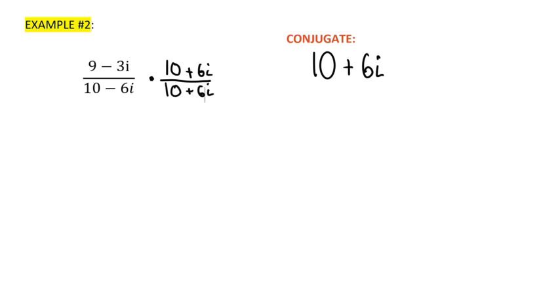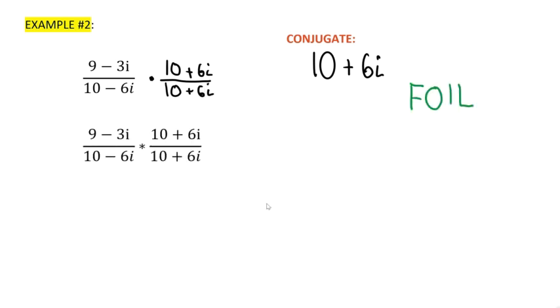So let's take a look at what we have. The following is very clear. We are multiplying it by the conjugate. So 9 times 10 and 9 times 6. 9 times 10 is going to give us 90. And 9 times 6 is going to give us plus 54i.